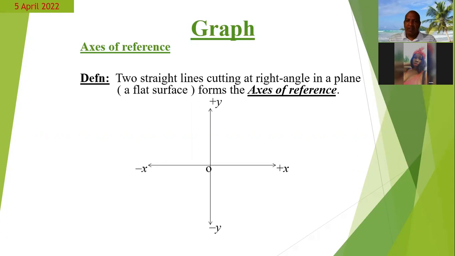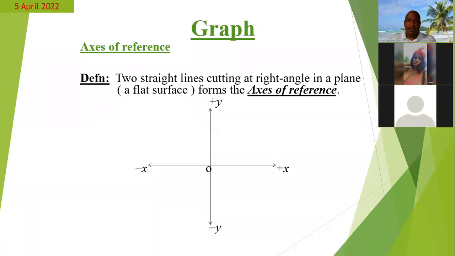All right. Now, the one that goes across, we refer to it as the horizontal axis. And the one that goes from top to bottom, we refer to it as the vertical axis. Now, oftentimes we relate variables x on the horizontal axis and variables y on the vertical axis.